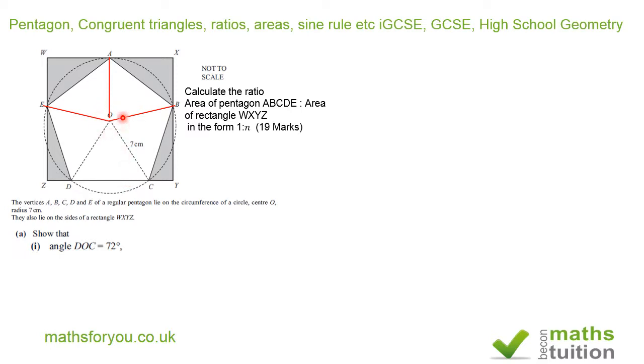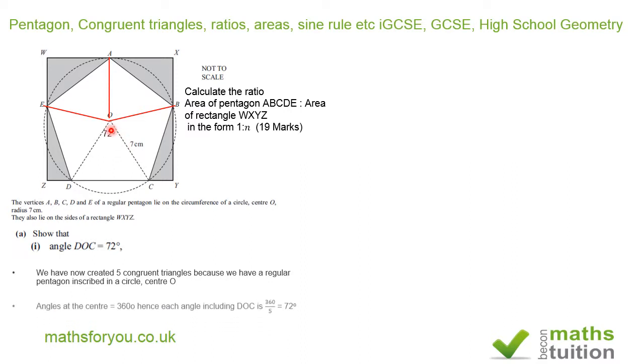So in effect we've got 5 congruent triangles, and the sum of the angles at the point is 360, with 5 of these angles. If you divide 360 by 5, you end up with 72 degrees, and that's the value of angle DOC.